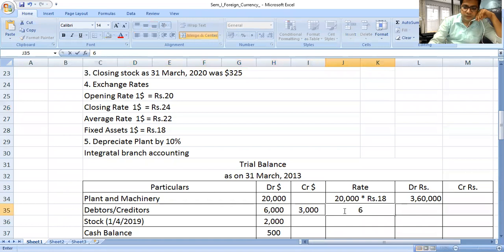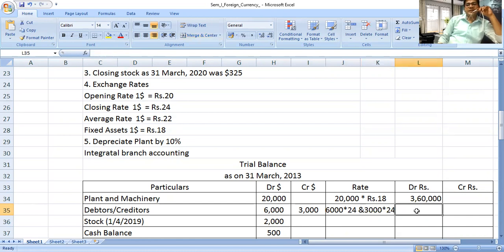We will record 6,000 into 24 and 3,000 into 24. Now find out the value. Find the value on the debit side, how much are the debtors? Use your calculator and brain and find out.